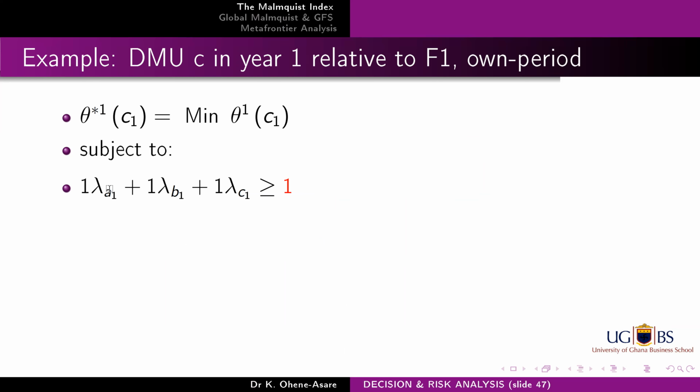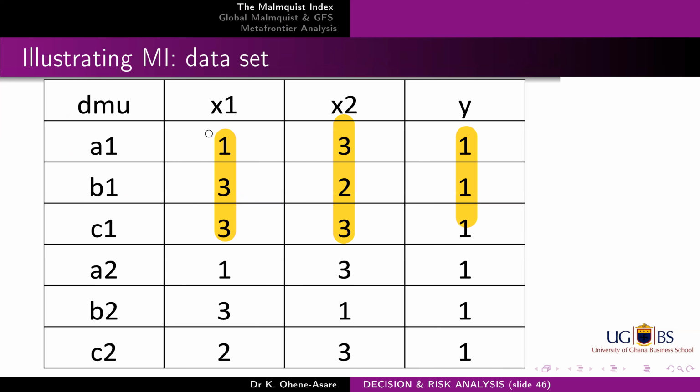And you can see that for the output constraint, you do 1, because they are all 1, 1, 1. You do 1 lambda 1. You see, that lambda 1 is for firm A1 in that year. So you do 1 lambda A1, 1 lambda B1, 1 lambda C1.